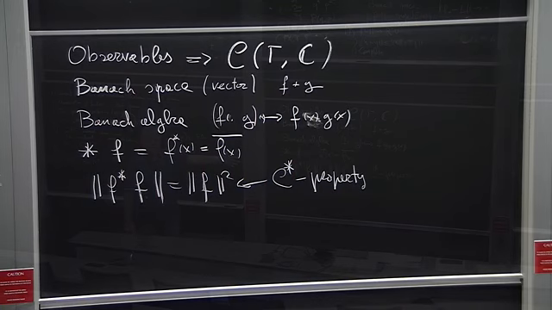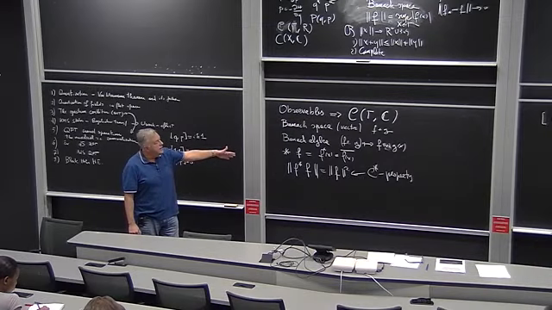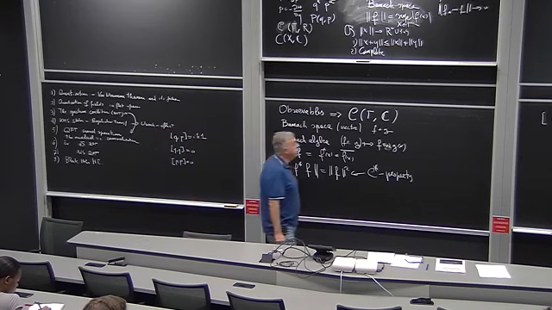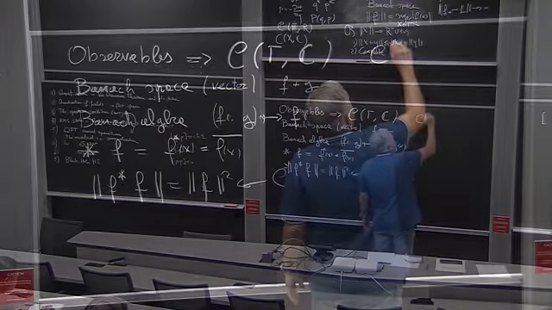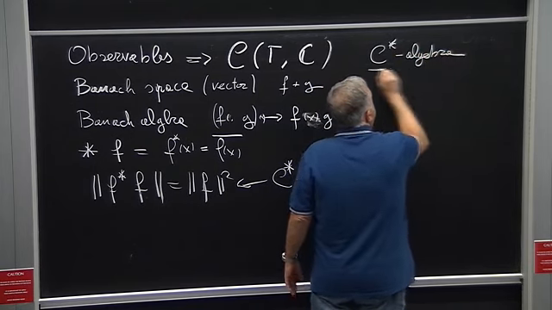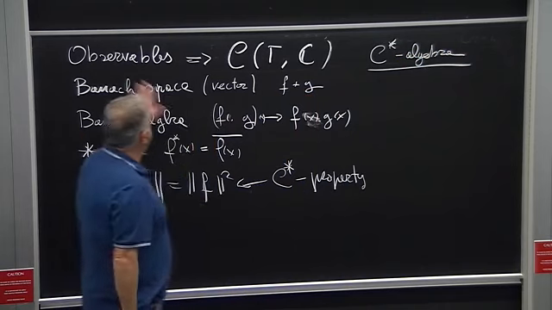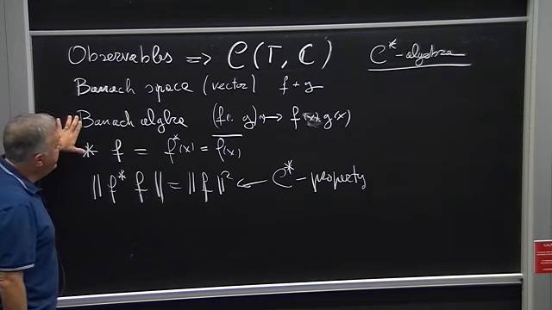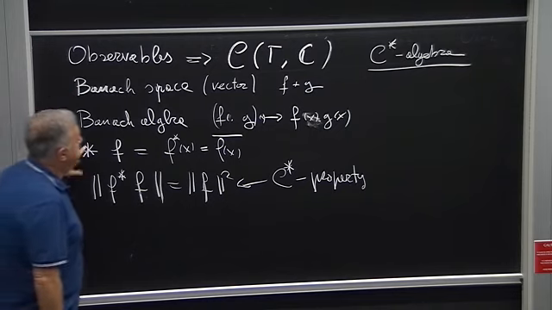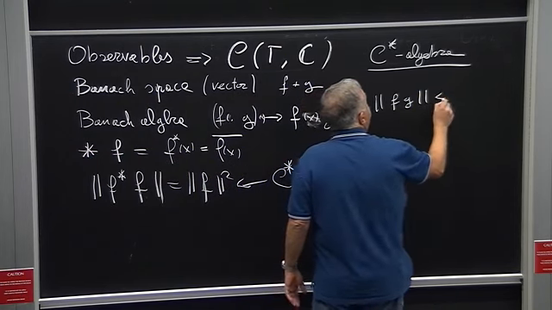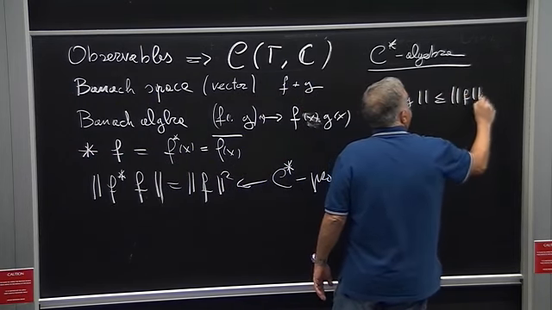As such, this is a very important example of a mathematical structure which is called a C star algebra. It is a vector space, a Banach space, an algebra, a Banach algebra. The norm is compatible with the algebraic product.